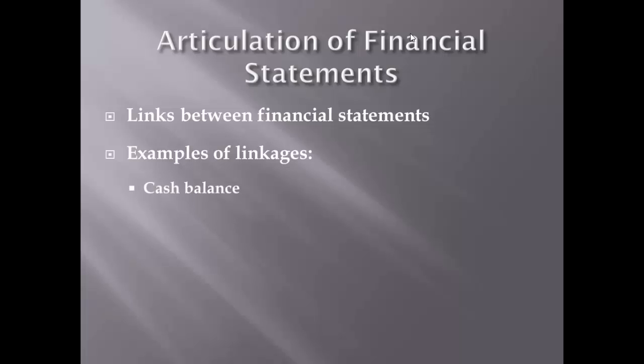Now, the cash balance in the statement of cash flows is linked to the cash balance on the balance sheet. Net income reported on the income statement is linked to the statement of retained earnings, which in turn is linked to shareholders' equity and the balance sheet.